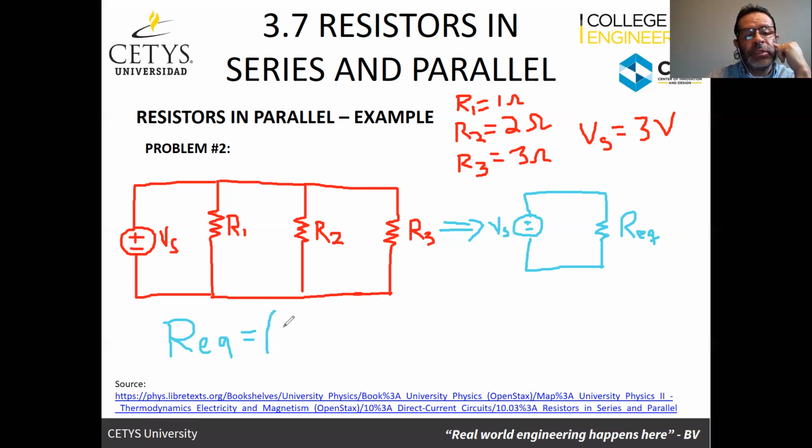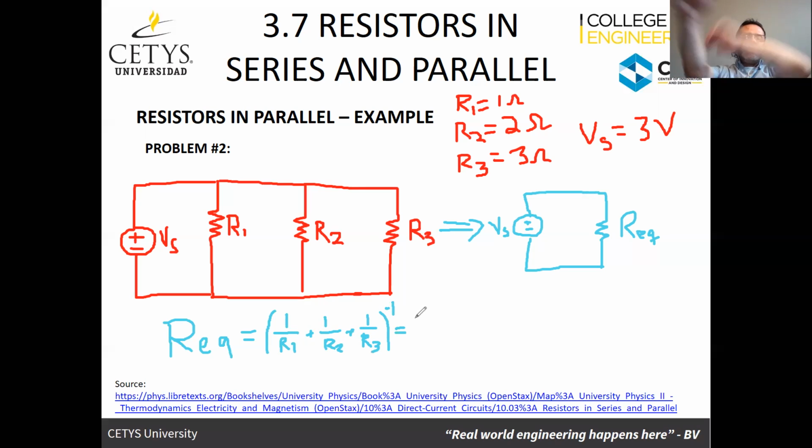So the equivalent resistance is going to be 1 divided by R1 plus 1 divided by R2 plus 1 divided by R3, and the reciprocal of that. Okay, that's how we find the equivalent resistance.